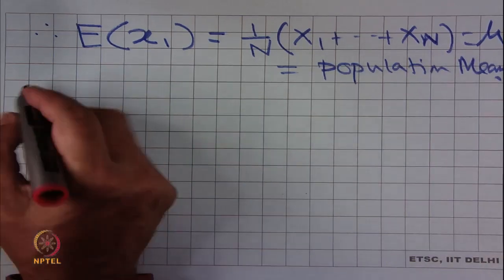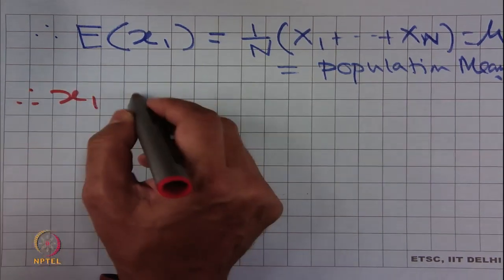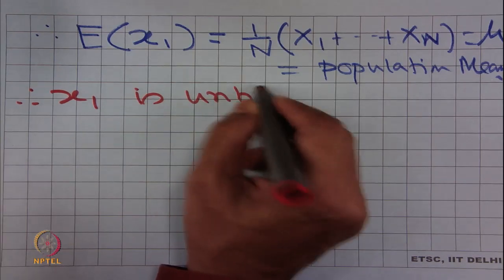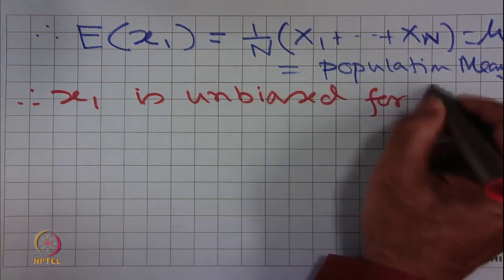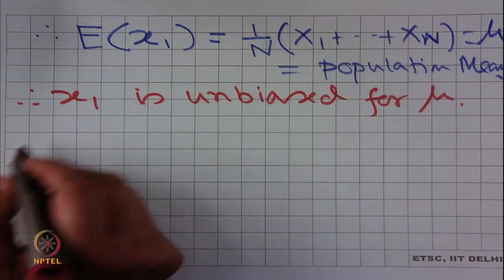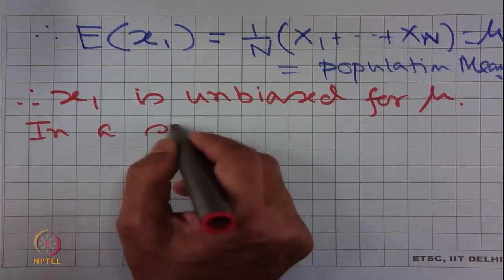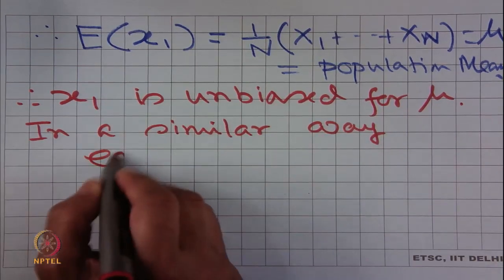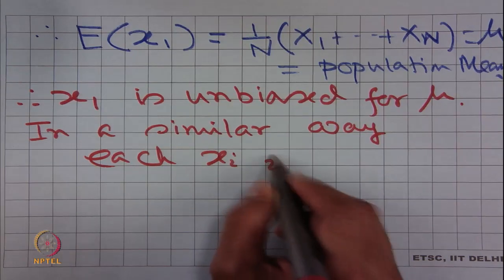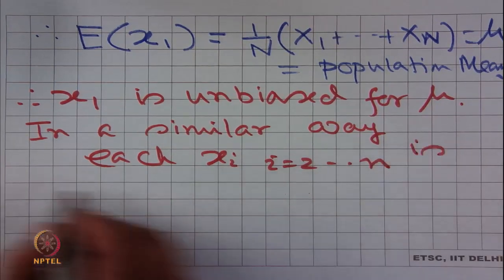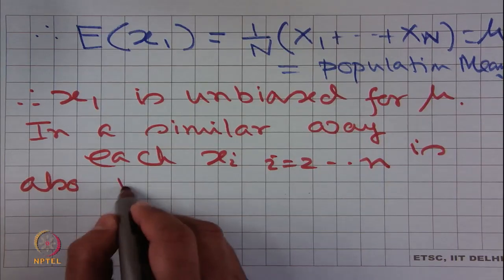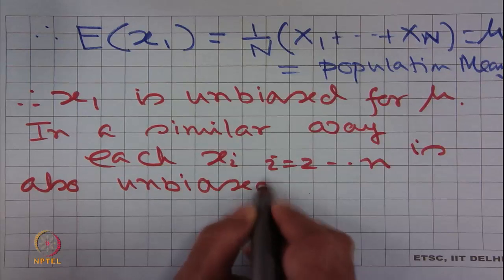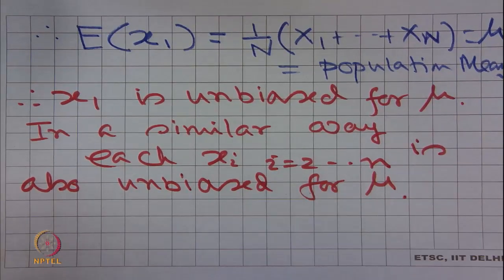Therefore, x1 is unbiased for mu. In a similar way, each xi, i equal to 2 to n, is also unbiased for mu, because the expected value of each xi is going to be the population mean.